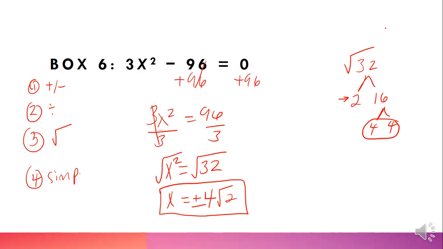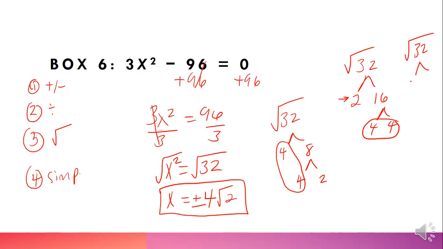It doesn't matter. So perfect. Anna asked a good question. What if I start off with 4 and 8? That's cool. 4 and 8. What does 8 break down to? Is there a pair of 4s? If you want to go all the way down to its prime factorization, that is perfectly fine.